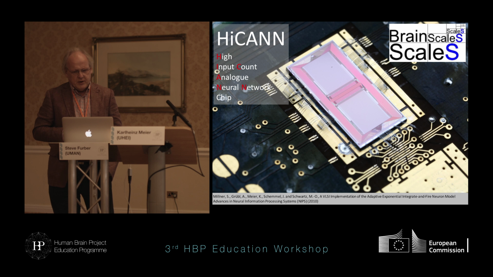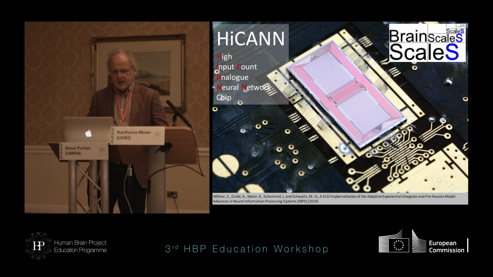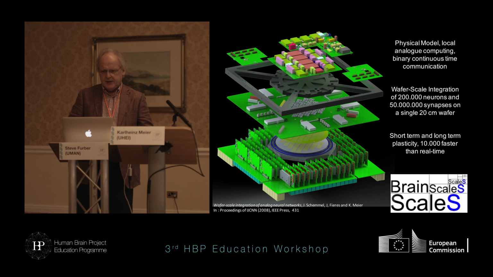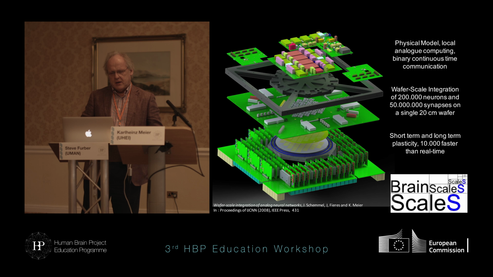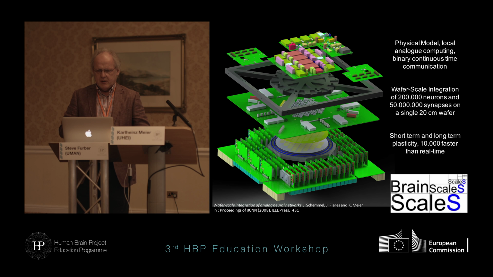This started in the BrainScales project, where the HiCAN chip was developed, where HiCAN stands for High Input Count Analog Neural Network. And these chips were produced some time ago and have been in use. This is now being scaled up to full wafer scale, so to get the large-scale circuits encompassed by the system, the Heidelberg group is going for full wafer scale integration.